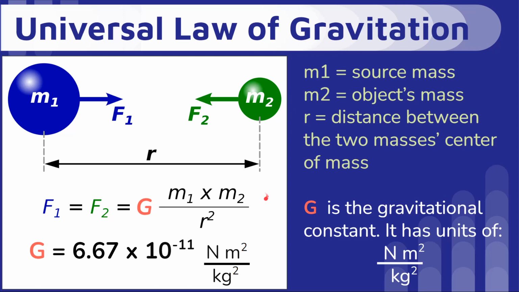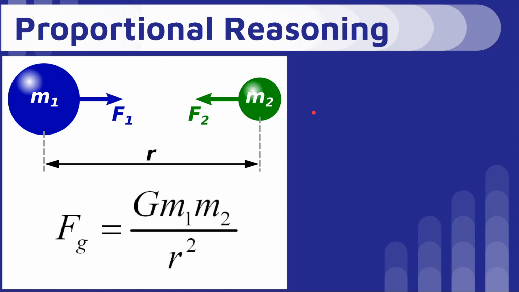So when we use it, you'll be substituting in the values accordingly. You can rewrite it like this. Again, those forces are both forces of gravitational attraction, F sub g. F sub g equals big G times M1 times M2 over R squared. This is how I prefer to write the equation, and I think that's how it shows up on your formula chart as well.